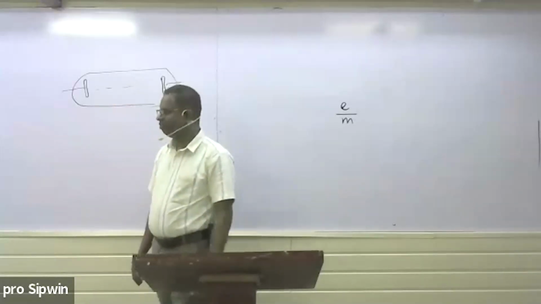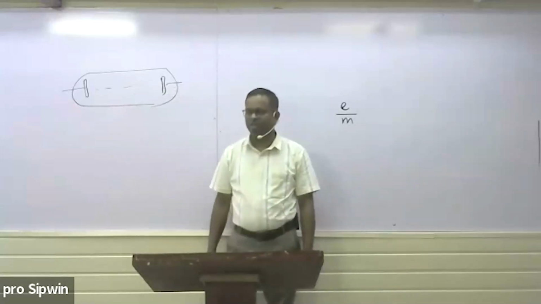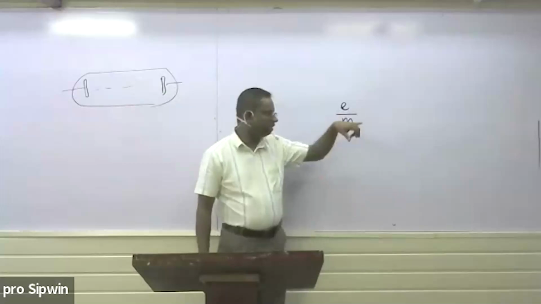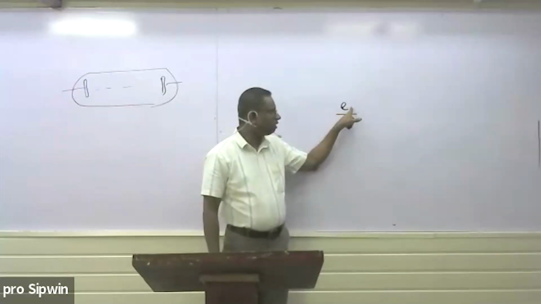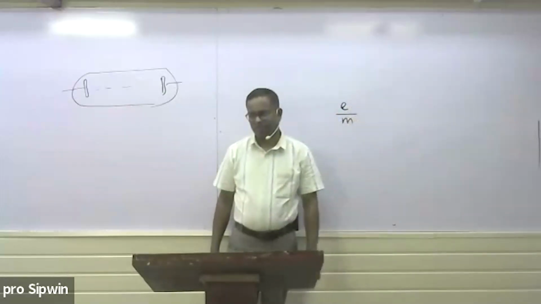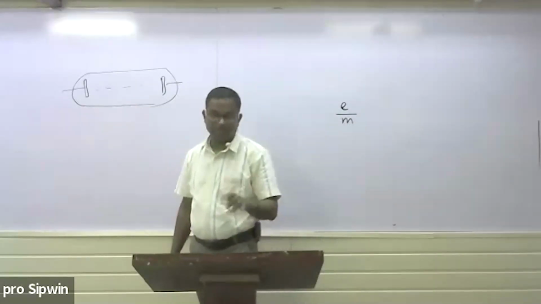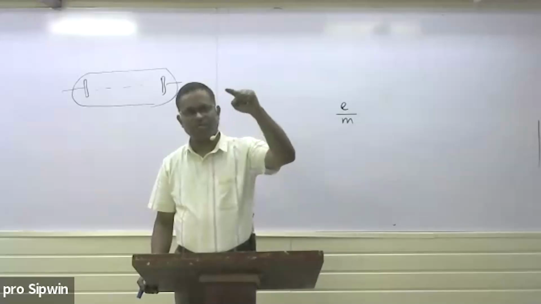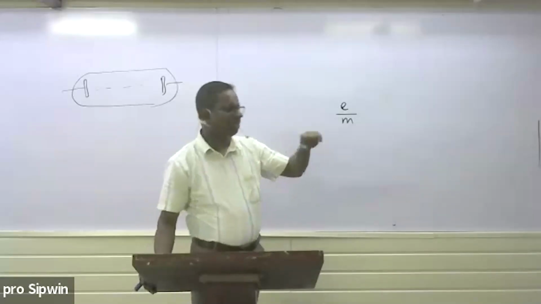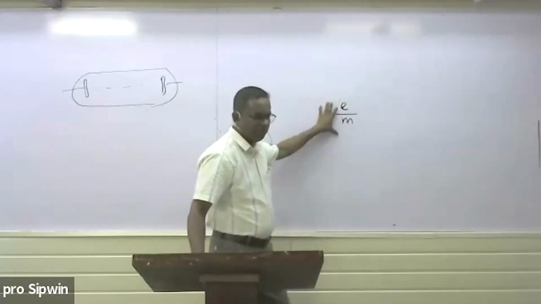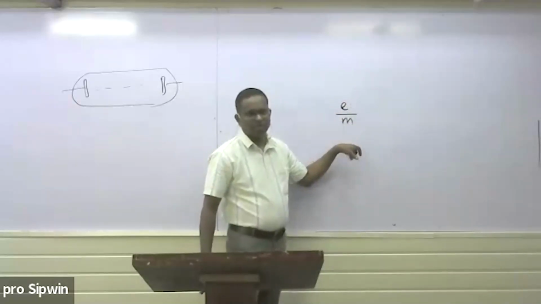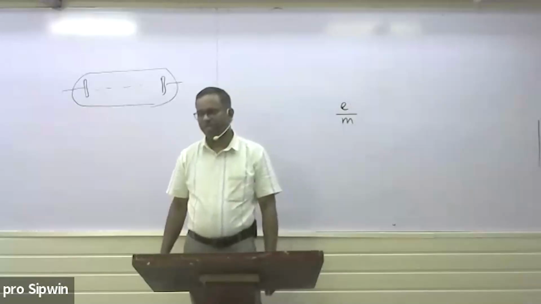Another scientist involved, Millikan. Millikan did an experiment and was able to determine the charge of an electron. After having the charge of an electron and the charge divided by mass value known, we can determine the mass of an electron.